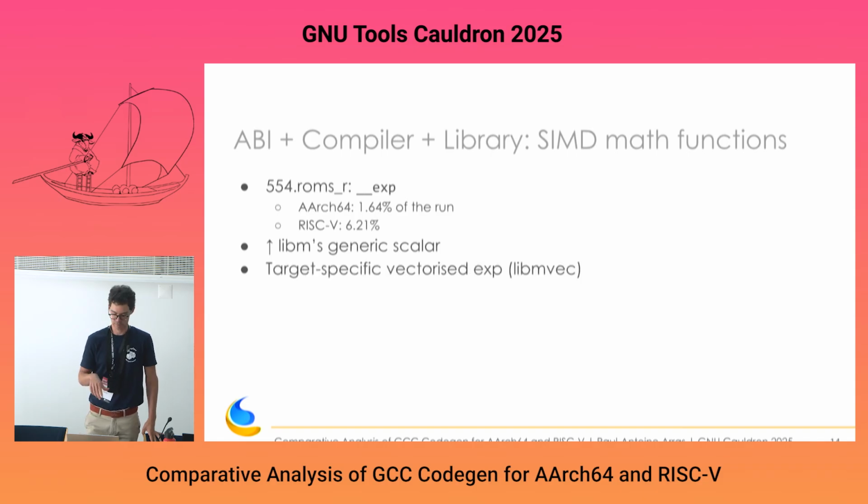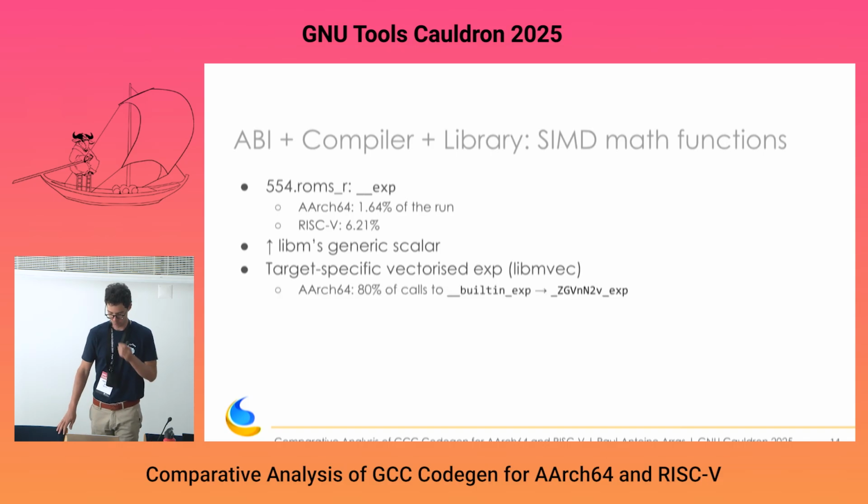But there is another version of this, and this is going to remind us of what Alfie talked about this morning. In libmvec, you can find some target-specific versions of exp, including a vectorized version.